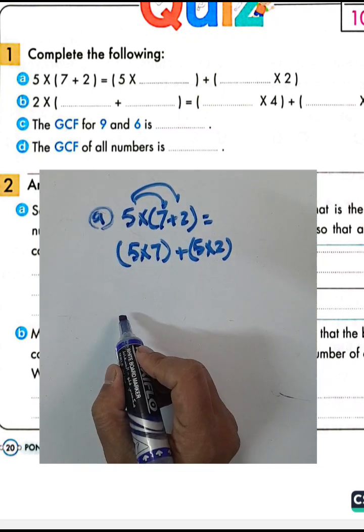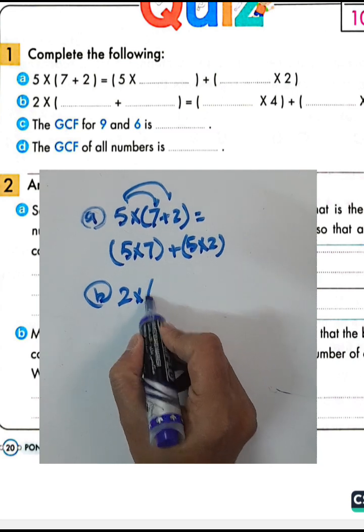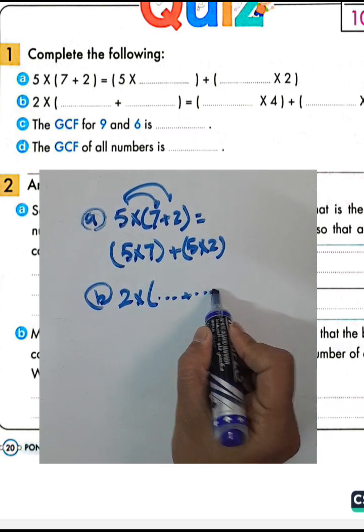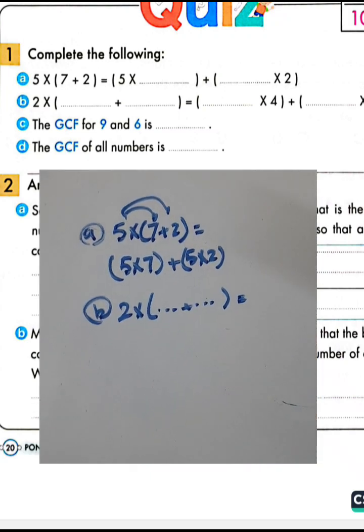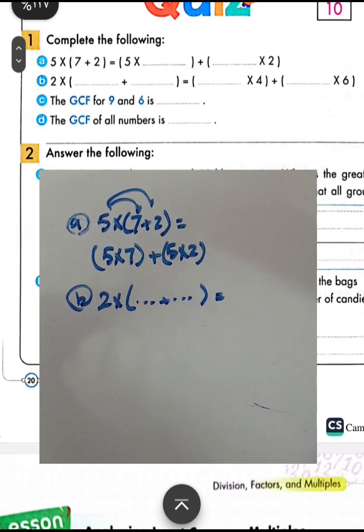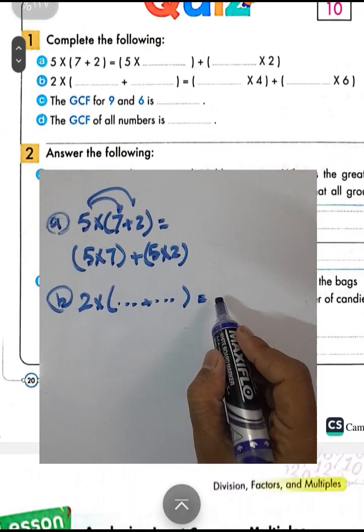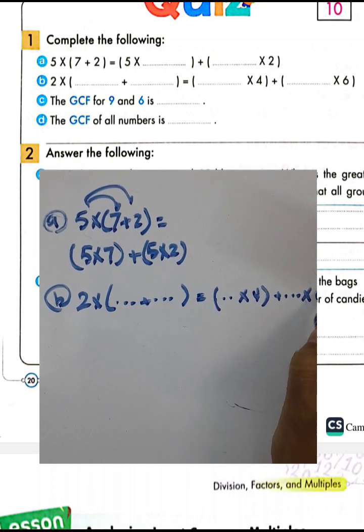Letter B, 2 multiplied by space plus space equals space times 4 plus space times 6.